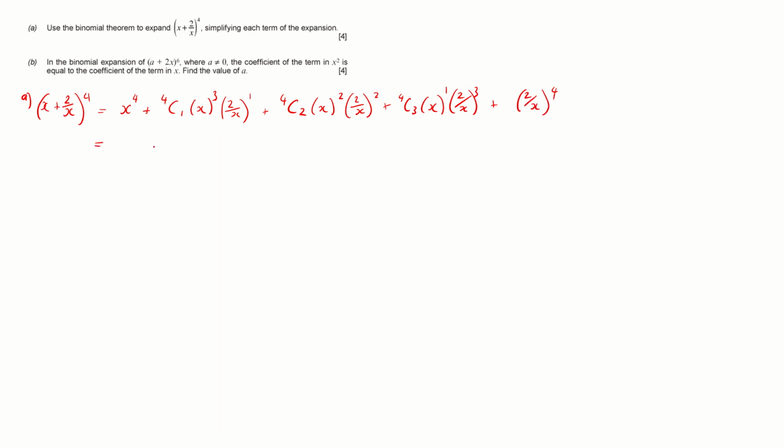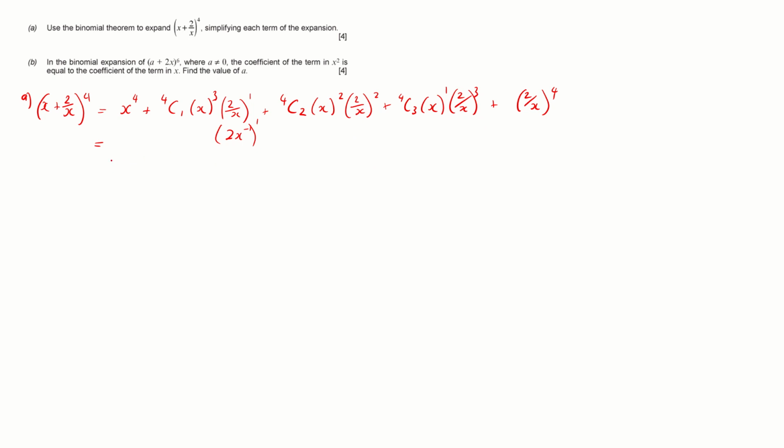Now, in terms of maybe the best way to simplify this, you may prefer 2 over x written as 2x to the minus 1, and then this will be something different. That's going to be 2x to the minus 1, then to the power 2, then to the power 3, then to the power 4. It's up to you.